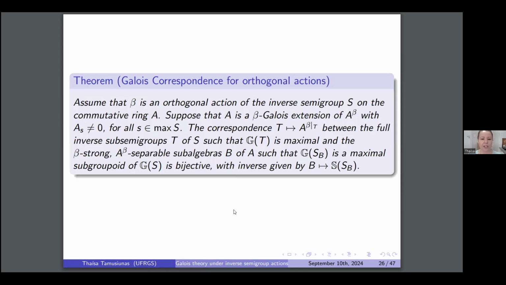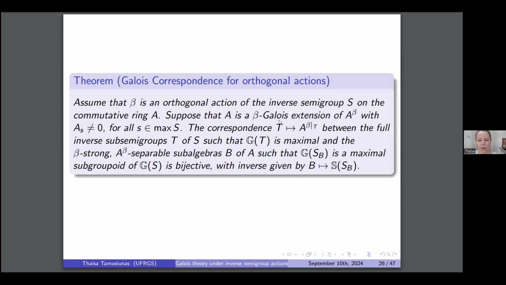So here is the first Galois correspondence for orthogonal actions. We have beta an orthogonal action of the inverse semigroup S, a finite one, I did not write it, on the commutative ring A. And suppose that A is a beta Galois extension of A beta, with these ideals assumed not zero for all s maximal with respect to the natural partial order.